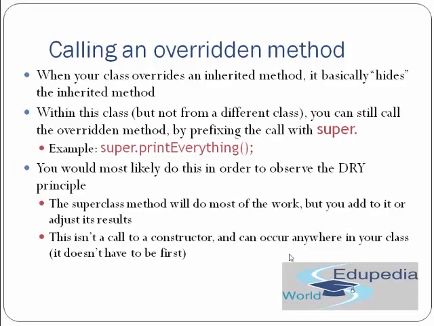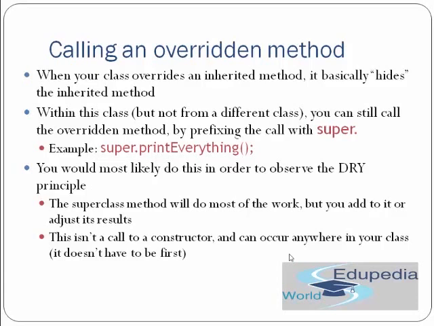You would mostly do this in order to observe the DRY principle, so that you are not rewriting the same code again and again. If you want to execute 5 lines and 3 lines are already written in some method, why not just execute the 2 lines and call the other method which already has the 3 lines, rather than rewriting the code? So that's the purpose.